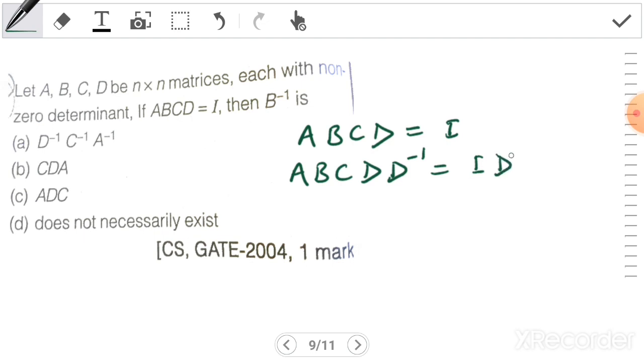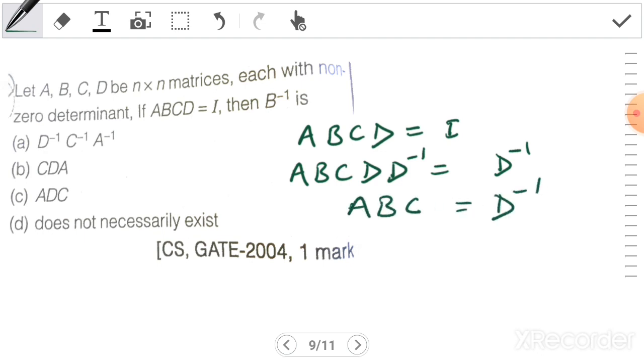Any matrix multiplied with identity matrix results in the same matrix, so I can eliminate I from here. So this is ABC is equal to D inverse.